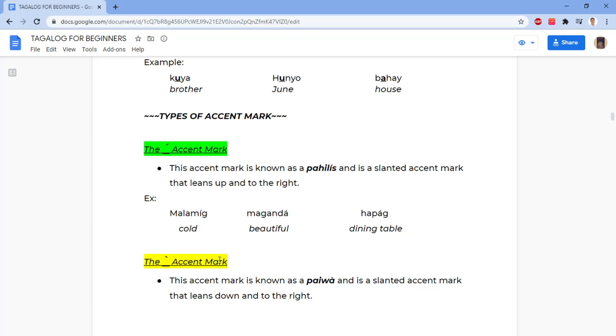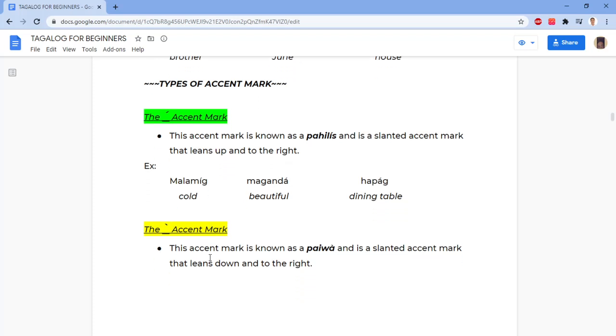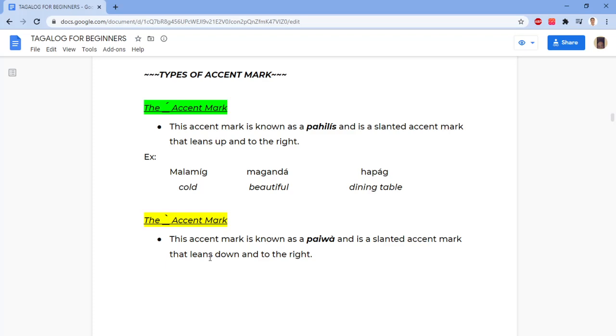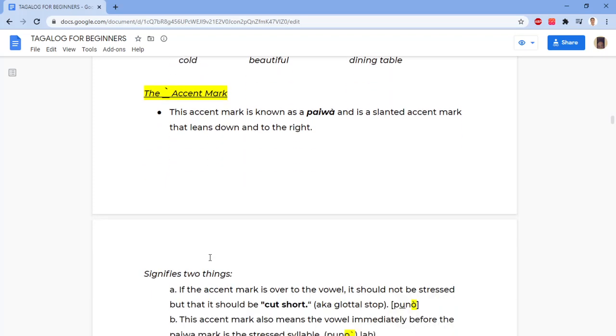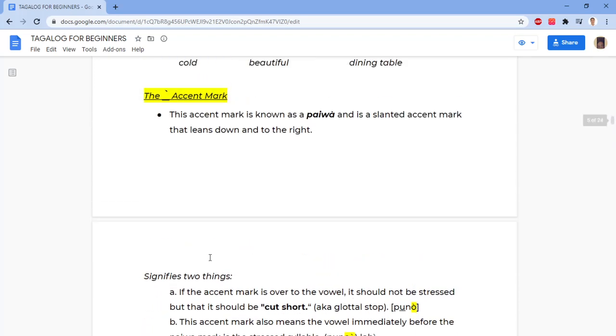I like this next one. We call it paiwa. Your tone would be downward as well. It will be low. Paiwa, paiwa. Read it continuously, but they have a glottal stop, like paiwa, wa.